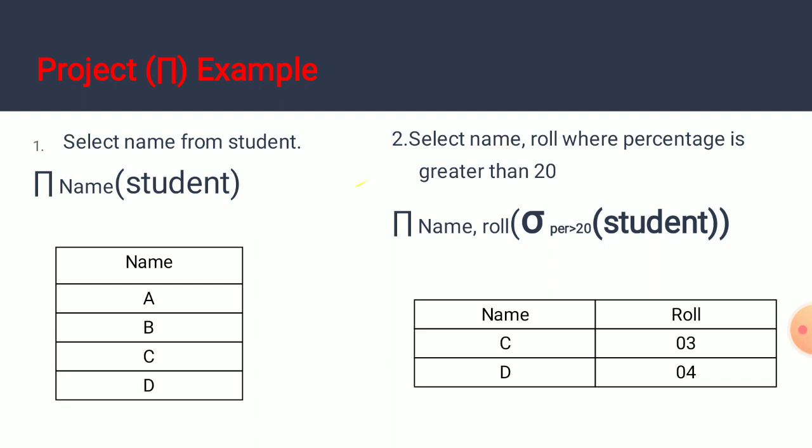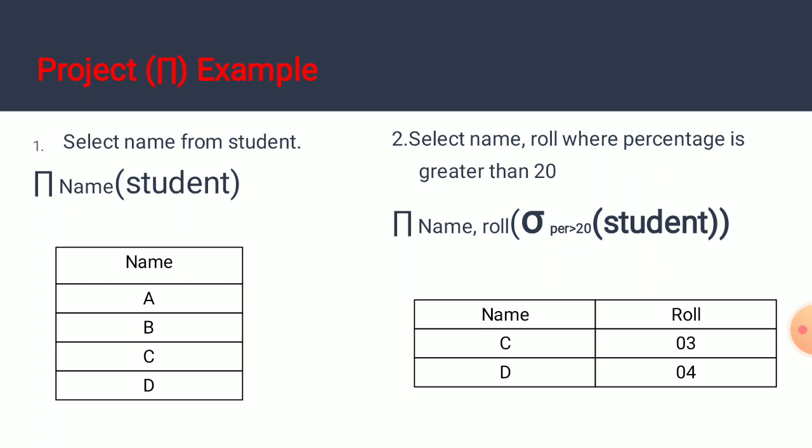Now in another example, we select name and roll number where percentage is greater than 20. We require two attributes, name and roll number, but another predicate condition is given: only the name and roll number of those students whose percentage is greater than 20. For this reason we have to combine select and project both.